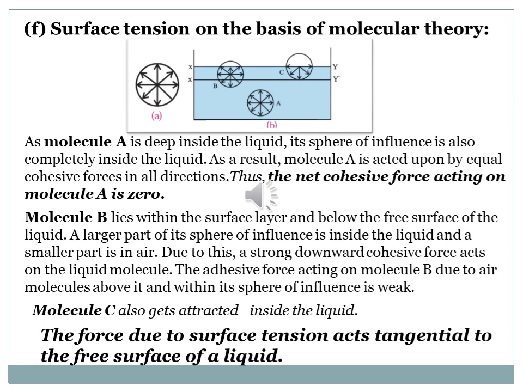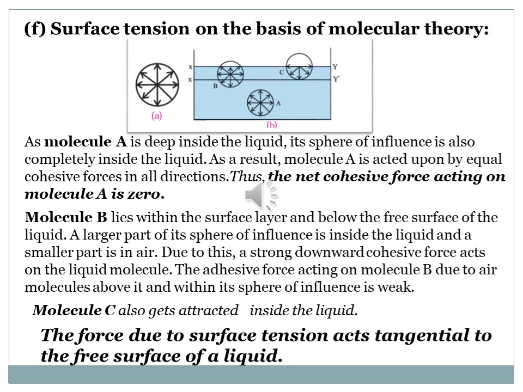Because of density. The density of air is very low as compared to the density of water. What is density? Density is nothing but mass per unit volume. M divided by V is density. That is higher for water as compared to air molecules.